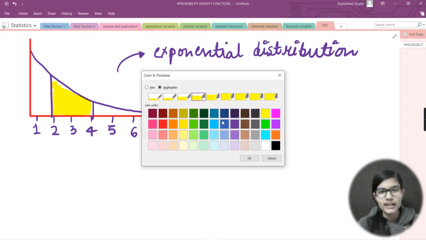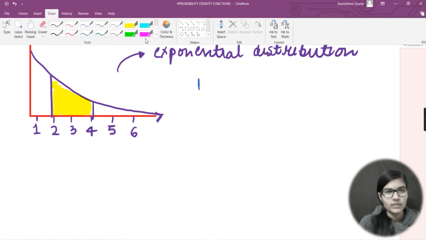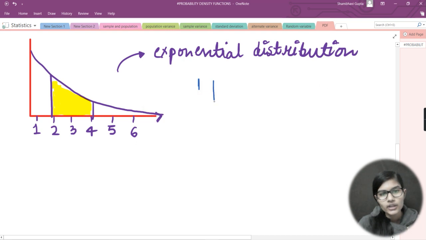So I'm going to write P, and after that define the starting and ending points, and in between I write X. Our X should be greater than 2 and less than 4.